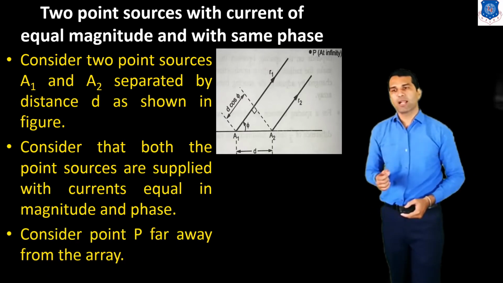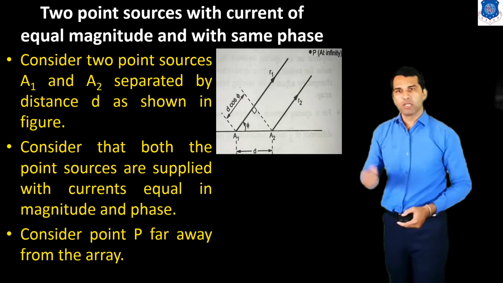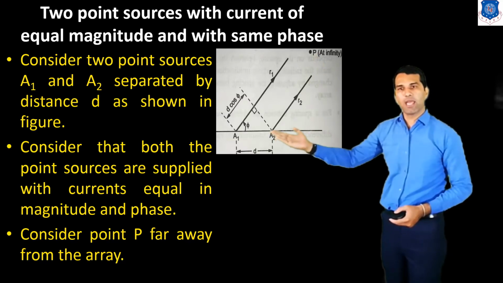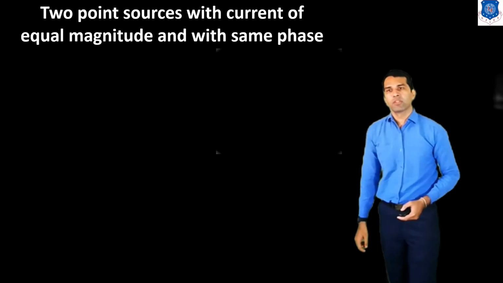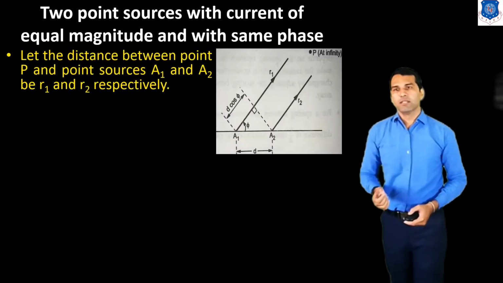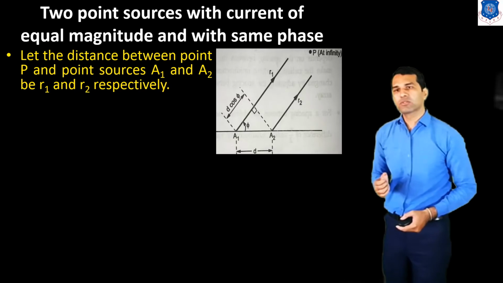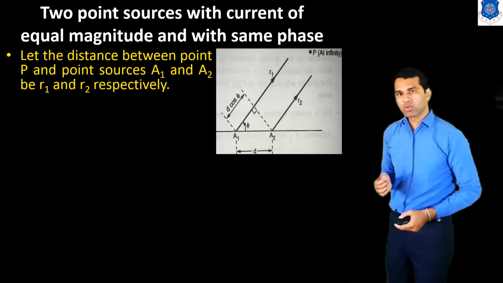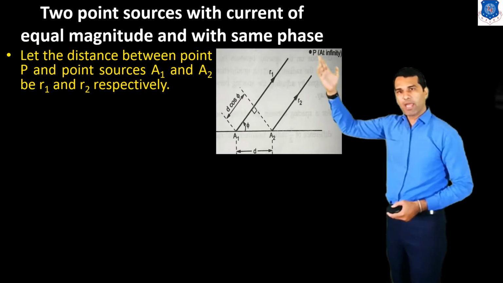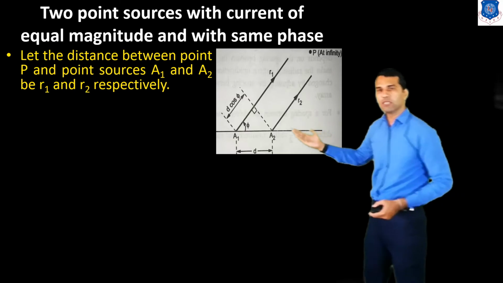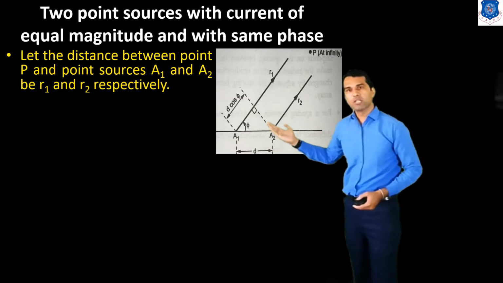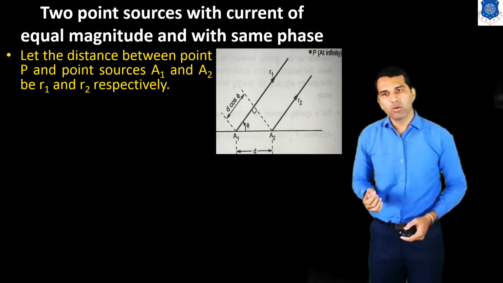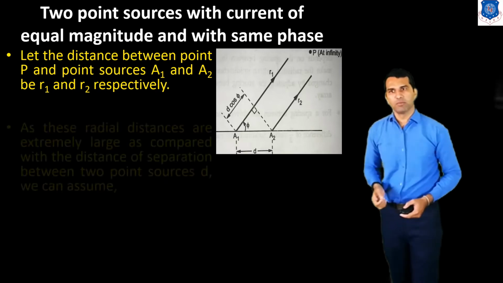Consider the point P far away from the array. In this figure we can see this is the point P, very far from this antenna array. Let the distances between the point P and the point sources A1 and A2 be R1 and R2 respectively.